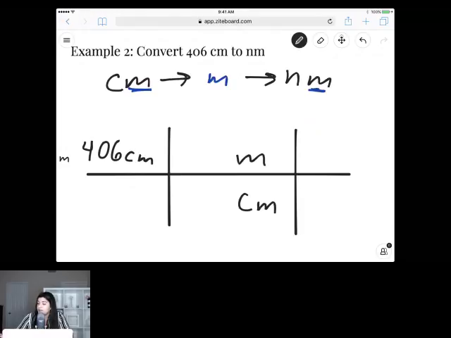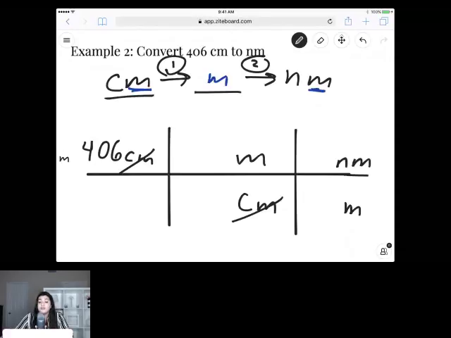Where did I take that from? This first conversion factor. I went from centimeters to meters. So here, centimeters cancel. Now we're at meters. Next, I'm going to use my second conversion factor to get from meters to nanometers. So meters, align that across from one another and put our nanometers on top because we want to solve for how many nanometers there are.